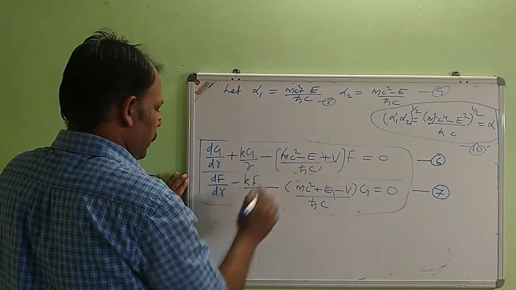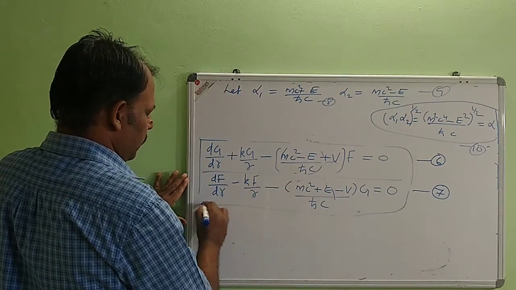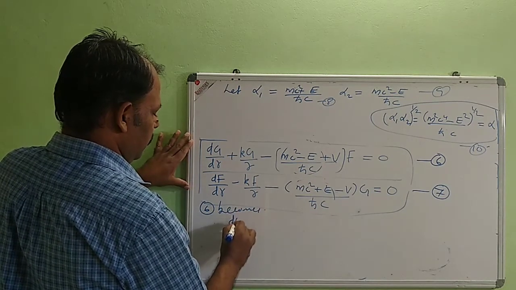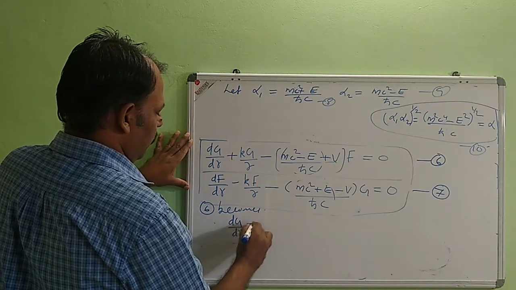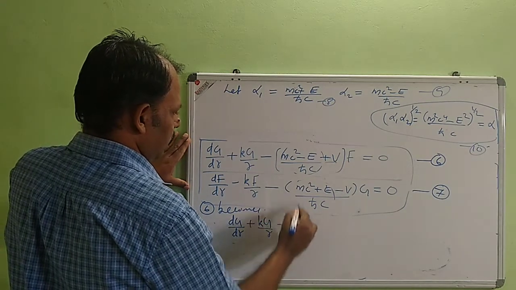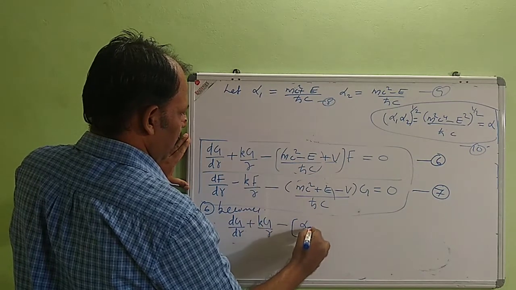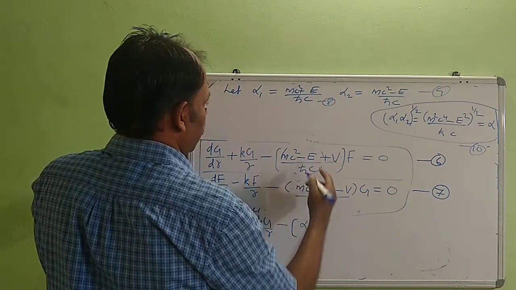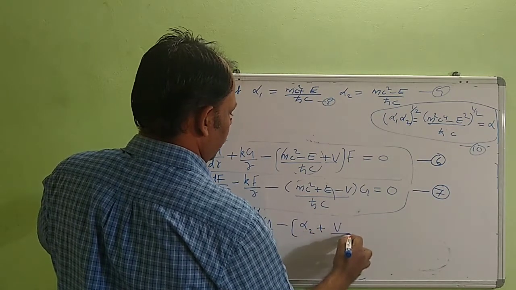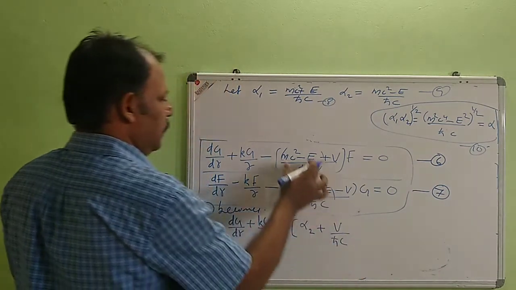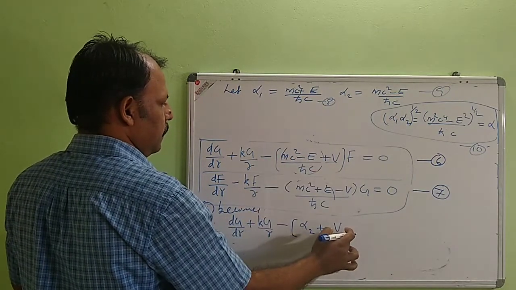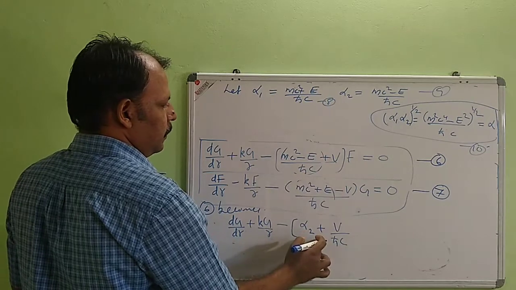So equation 6 becomes dg by dr plus kg by r minus, this first term will be alpha 2 plus v by h bar c. Mc square minus e by h bar c plus v by h bar c; mc square minus e by h bar c is alpha 2.